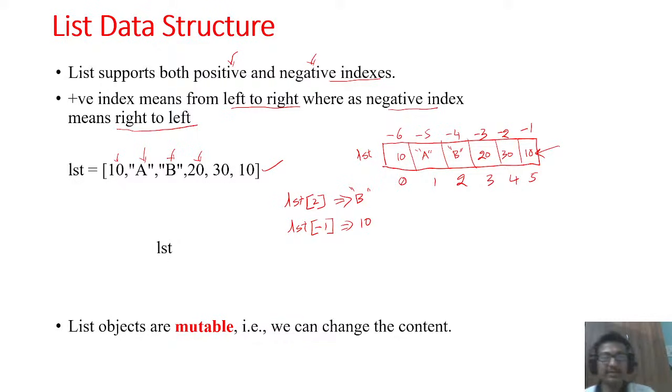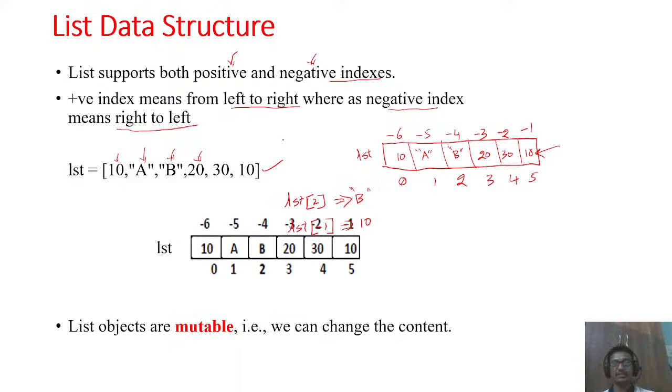So this is how the list is represented. The same diagram we can show here. Then, list objects are mutable. This is a very important term that we use in Python. Mutable means we can change the content inside the list.